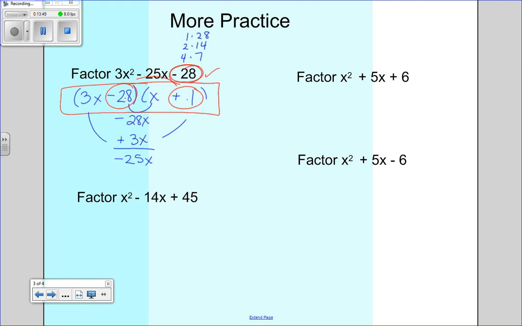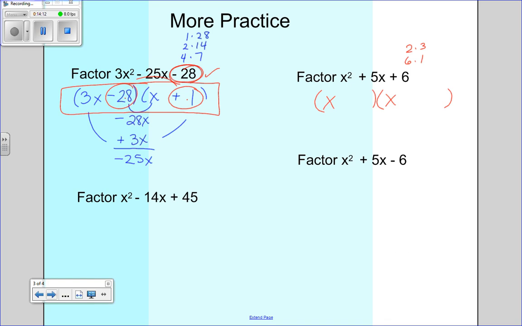All right, let's move over to x squared plus 5x plus 6. X times x. Now, 2 times 3, 6 times 1. The problem here is that 6 minus 1 is 5. 2 plus 3 is also 5. How do we know which one to use? Well, you just have to check your answer at the end.